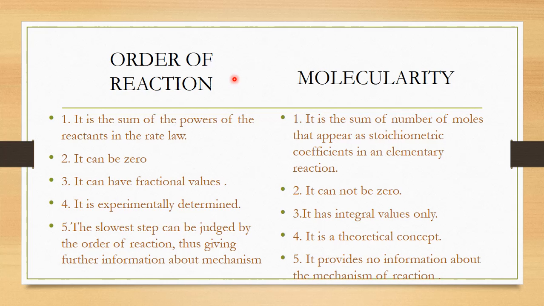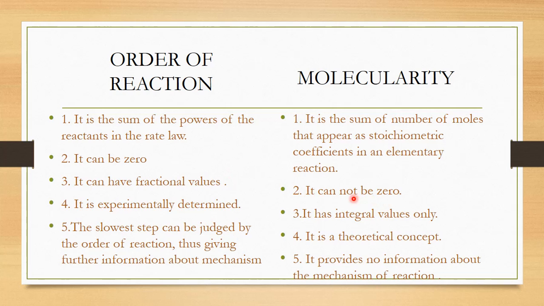Let us see the difference between order of reaction and molecularity. Order is the sum of the powers of the concentration terms of the reactants in the rate law, whereas molecularity is the sum of the number of moles that appear as stoichiometric coefficients in an elementary reaction. Order of reaction can be zero. Order of reaction can be fractional.